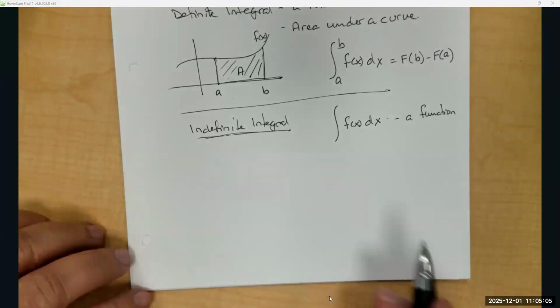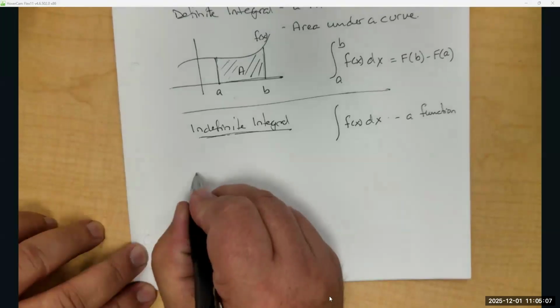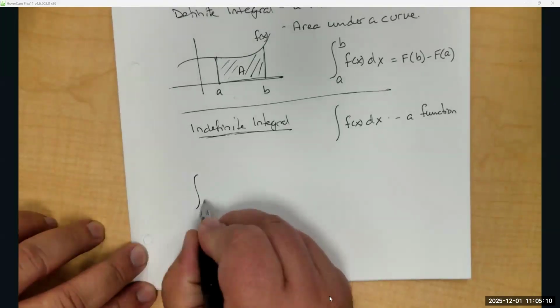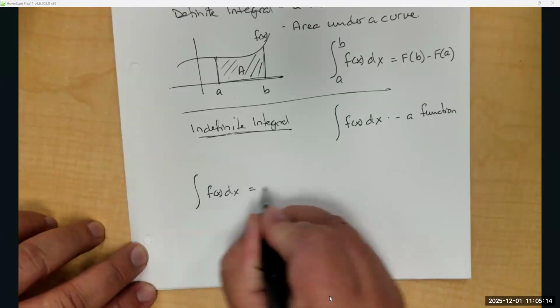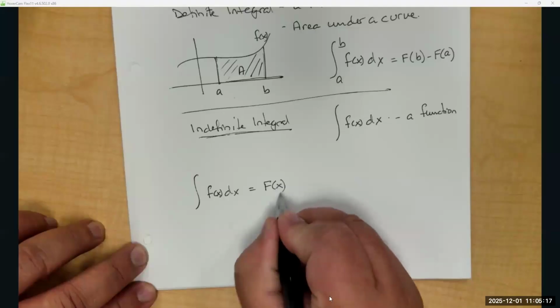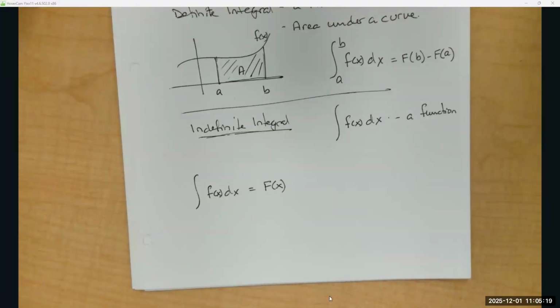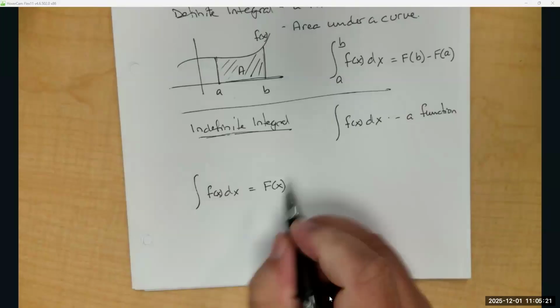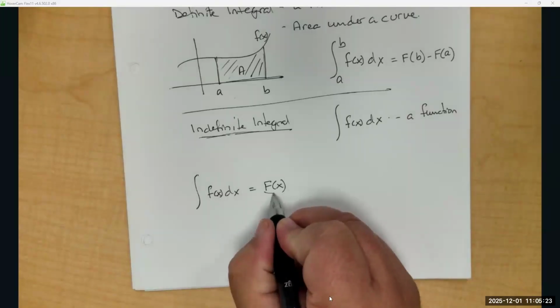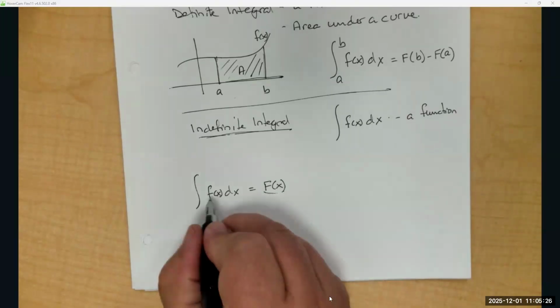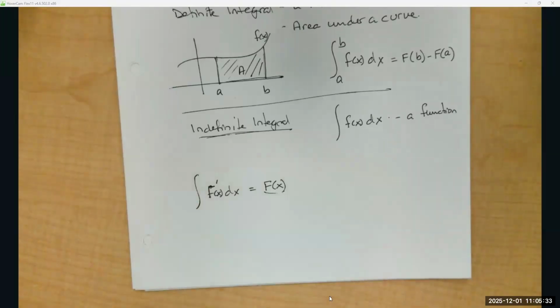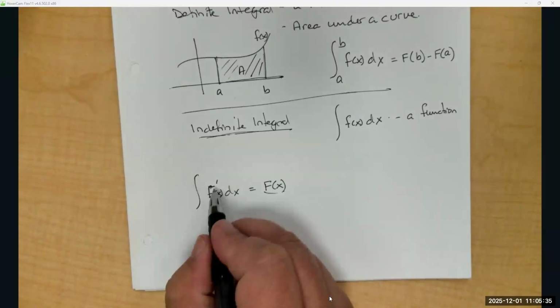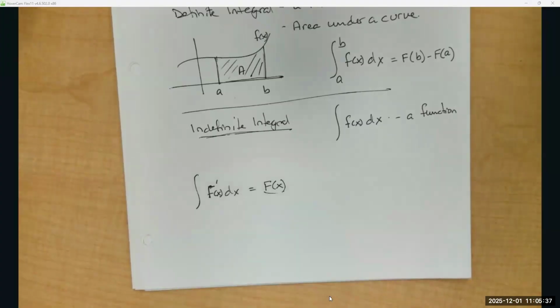What does that mean? If this is my function, I take a derivative of it. This is the derivative. Then the integral of a derivative is back to the function where it began.